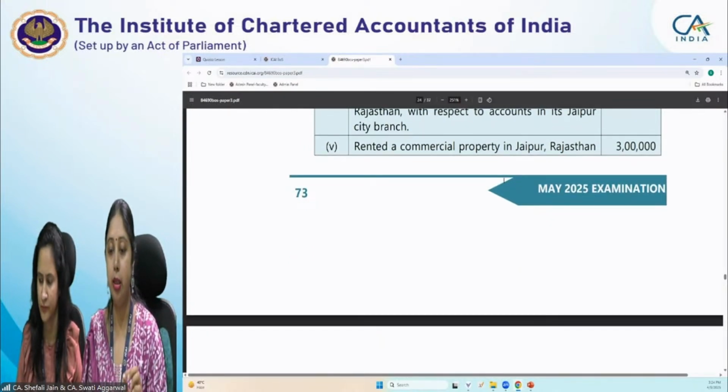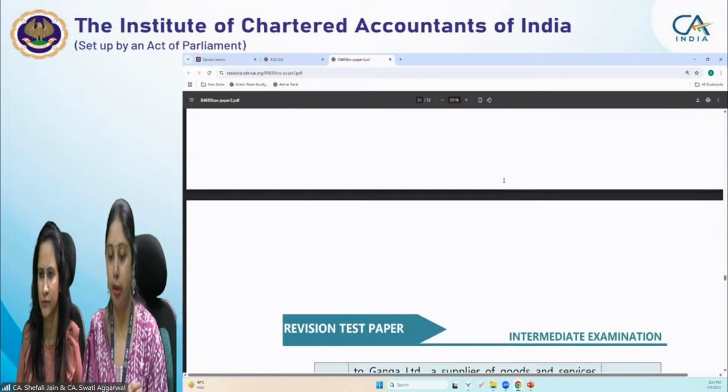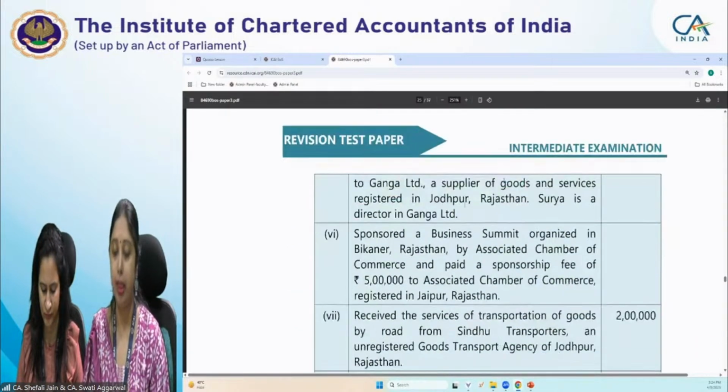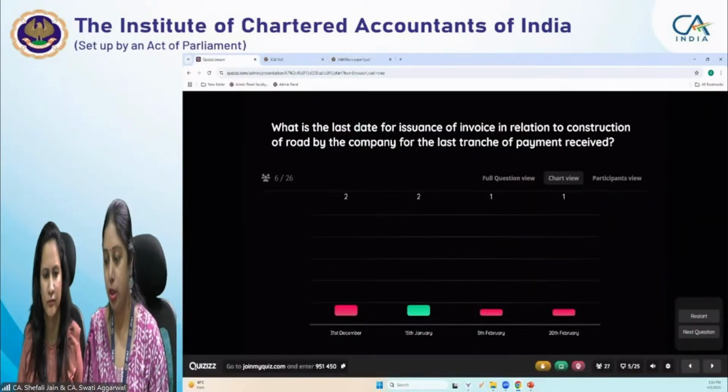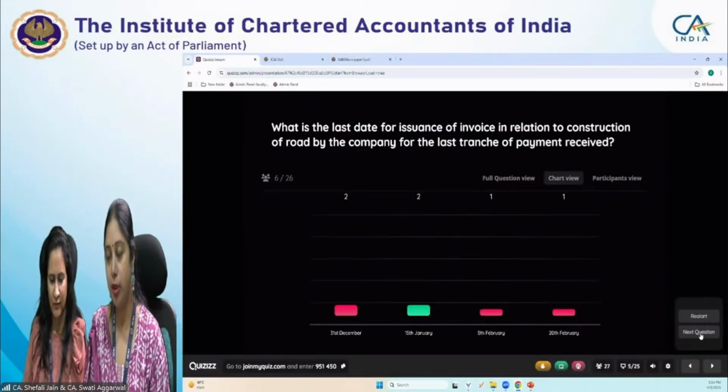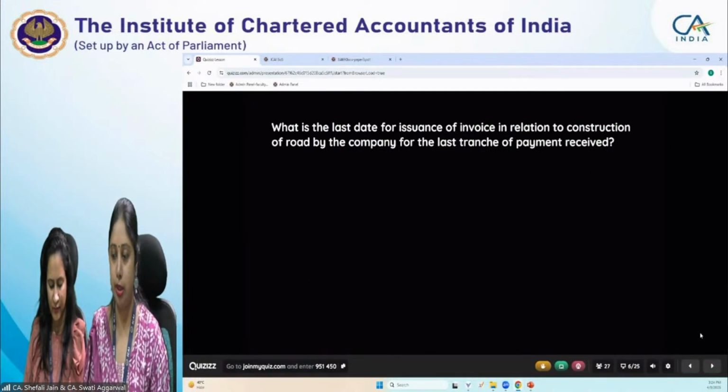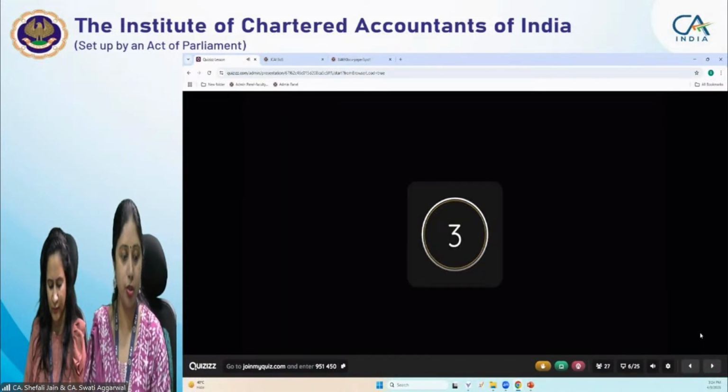And he rented a commercial property in Jaipur, Rajasthan to Ganga Limited. He sponsored a business summit organized in Bikaner, Rajasthan by the Associated Chamber of Commerce. These 6 transactions we have elaborated, out of which 5 we are going to test in our next question. So let us move to our next question, which will not require this table now. You will be able to answer it with the question itself. So the next question is there on your screen now.